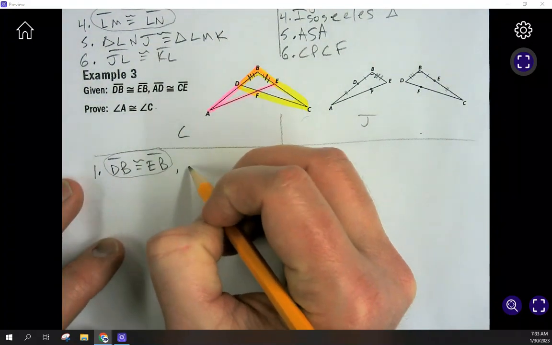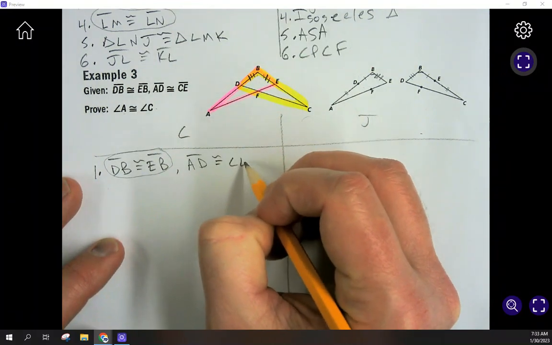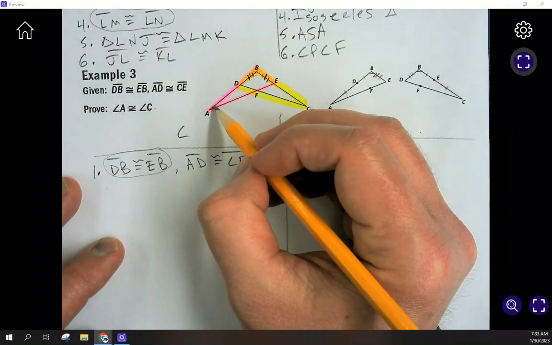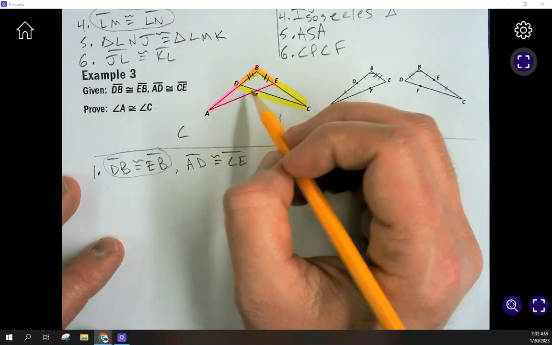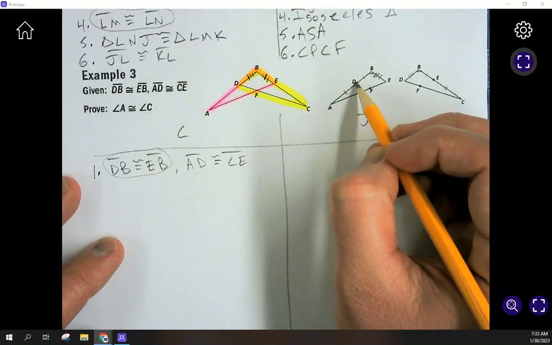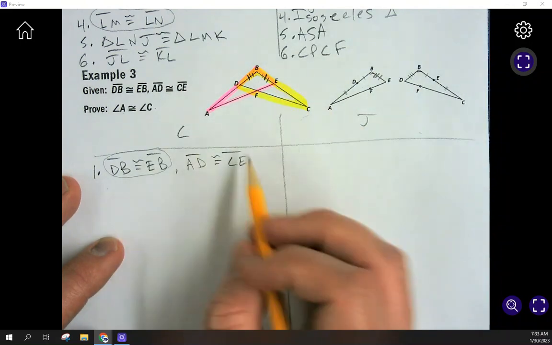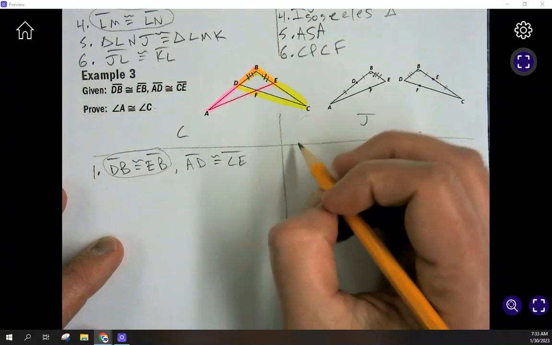And we've also been given AD is congruent to CE, which we've got marked over here. So it's just this little piece, which is not a full side of one of these big triangles. So right here, AD is congruent to CE. So I'm not going to circle that because that is not a full side of either one of these triangles.